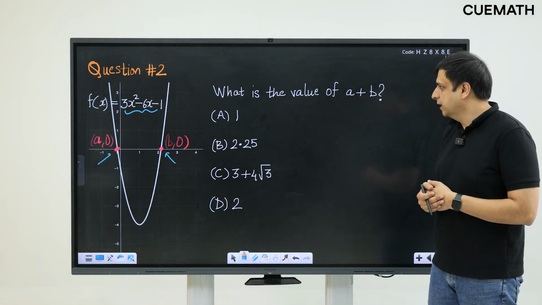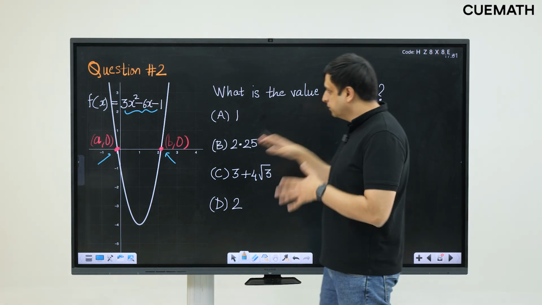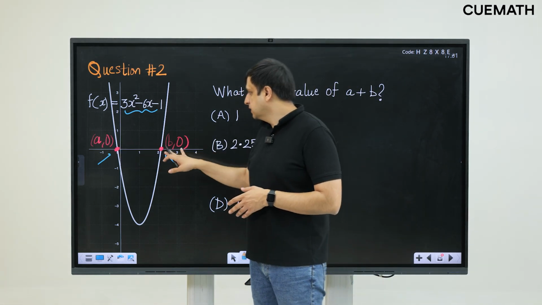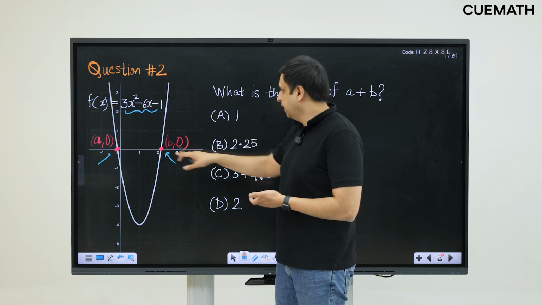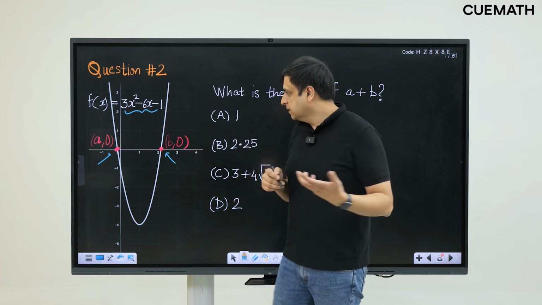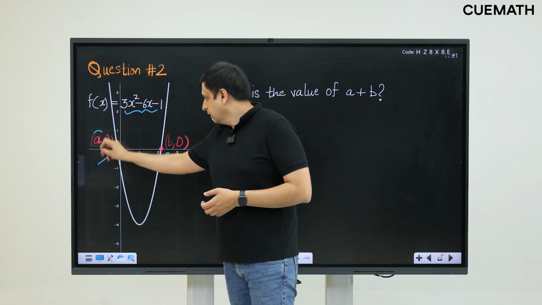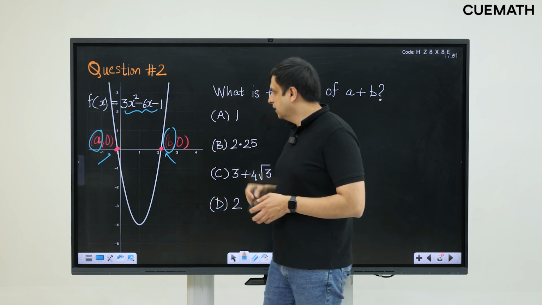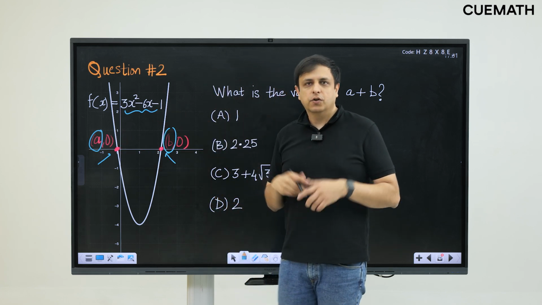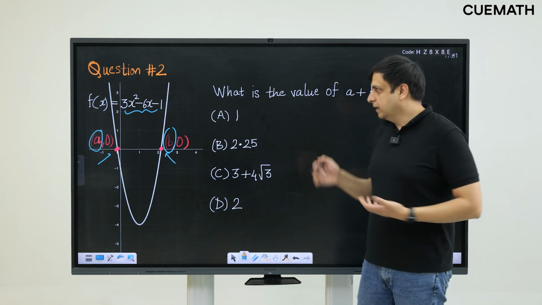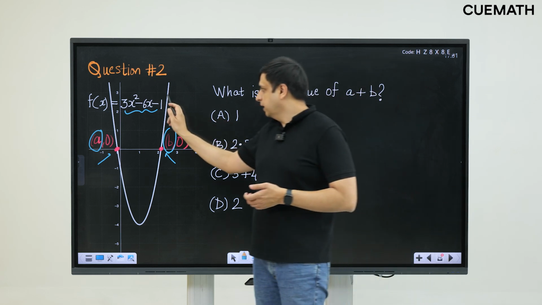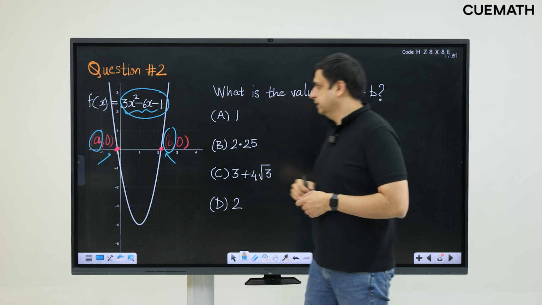Now this is actually very straightforward, because you can observe from the graph that these 2 points (a, 0) and (b, 0) are the points where the graph intersects the x-axis, which means that x = a and x = b are the two zeros of this quadratic polynomial. Therefore a + b is nothing but the sum of the zeros of 3x^2 - 6x - 1.